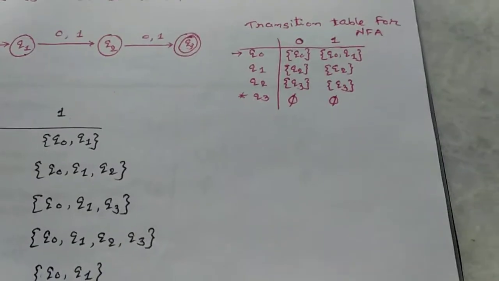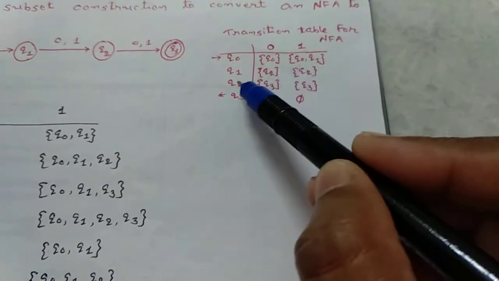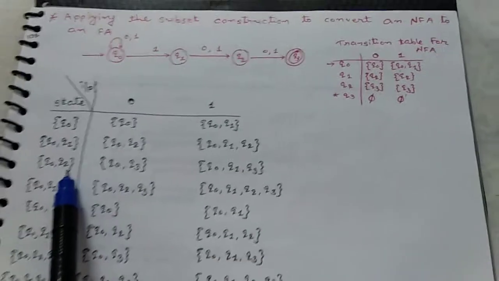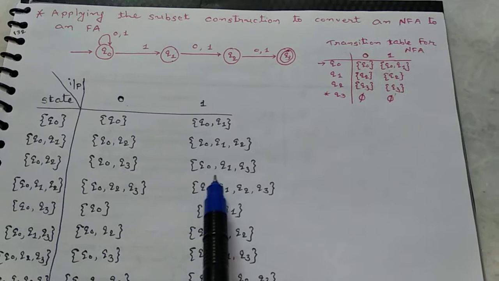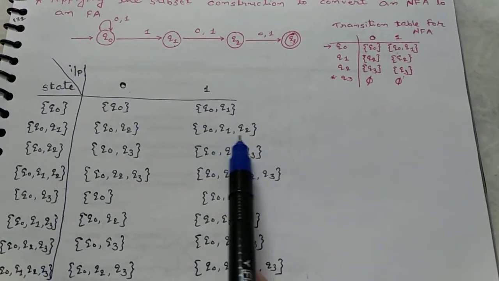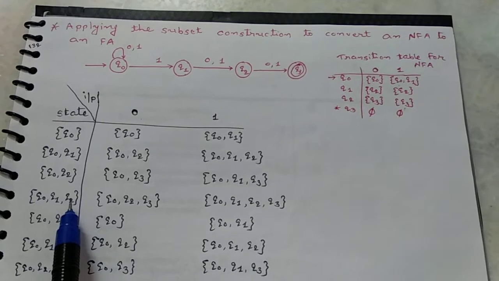And Q0, Q2 on 1 is Q0 on 1 union Q2 on 1, which gives Q0, Q1, Q3. So Q0, Q2 on 1 is Q0, Q1, Q3. Here Q0, Q1, Q2 is also a new state, so next consider Q0, Q1, Q2.